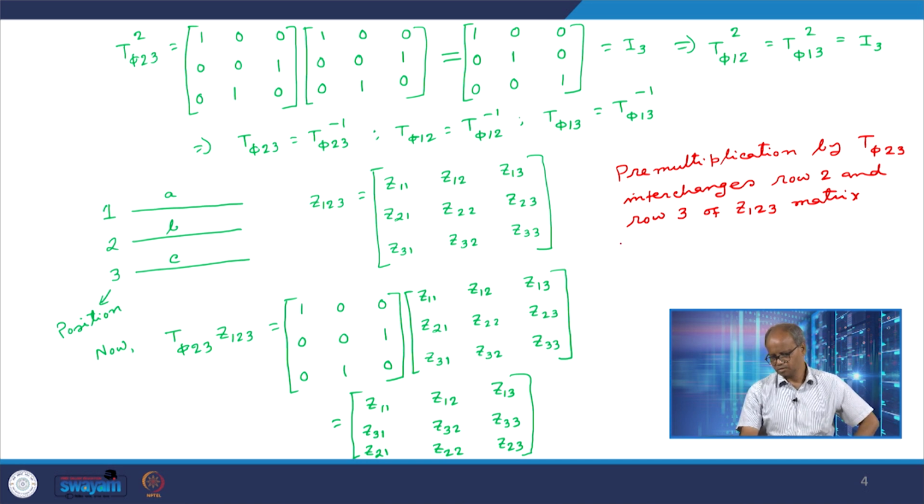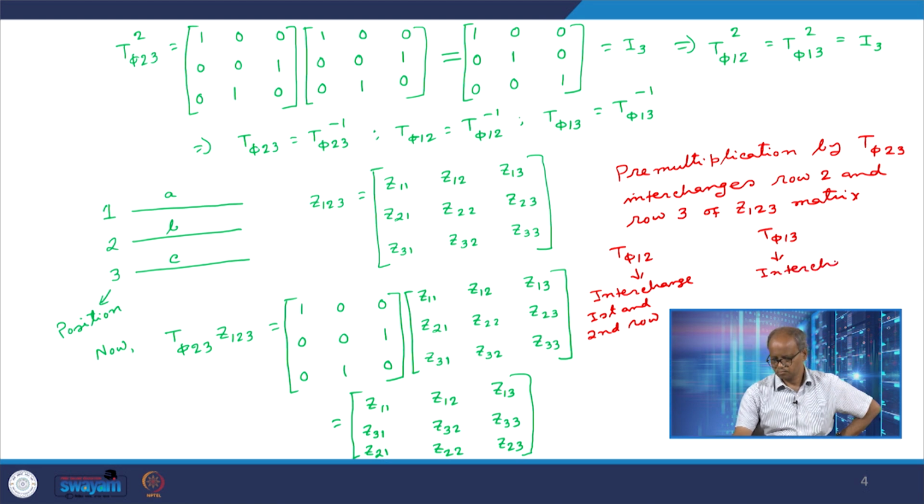Similarly, pre-multiplication by T phi 1 2 would interchange the first row and second row, and T phi 1 3 interchanges the first and third row.